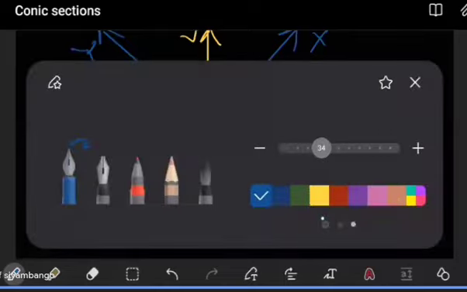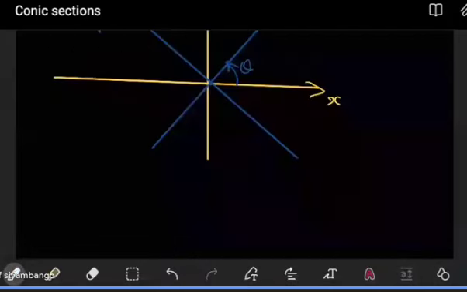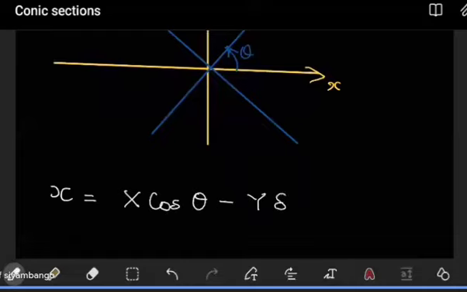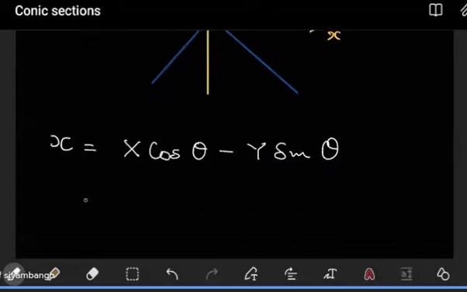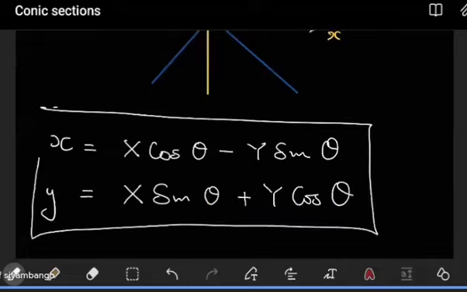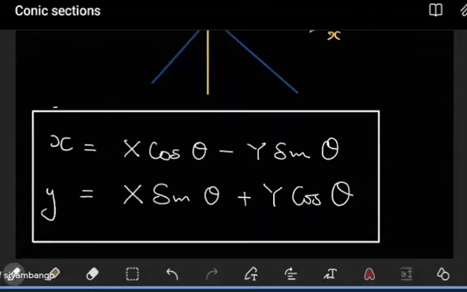So the relations we're going to use are: small x will be equal to the rotated x coordinate, capital X, times cos of the angle of rotation, minus capital Y times sine of the angle of rotation. And then y is capital X sine theta, now plus capital Y cos theta. I keep writing these because I want you guys to commit these to memory because they're going to be used every now and then.